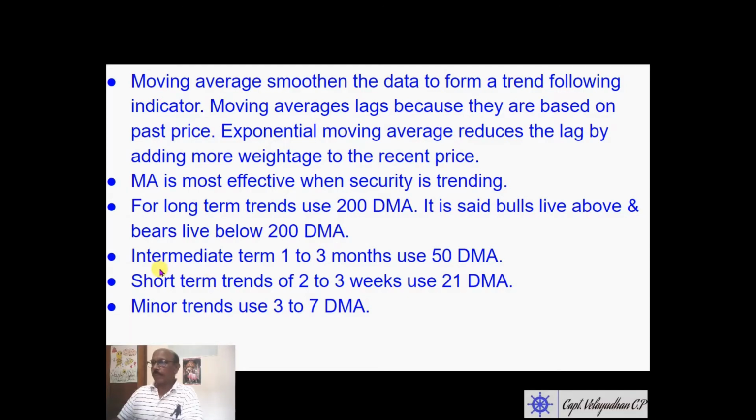For intermediate terms, 1 to 3 months, mostly we use 50-day moving average. For short term trends of 2 to 3 weeks, say up to 1 month, we use 21-day moving average. For minor trends of a week or so, we use 3 to 7-day moving average.